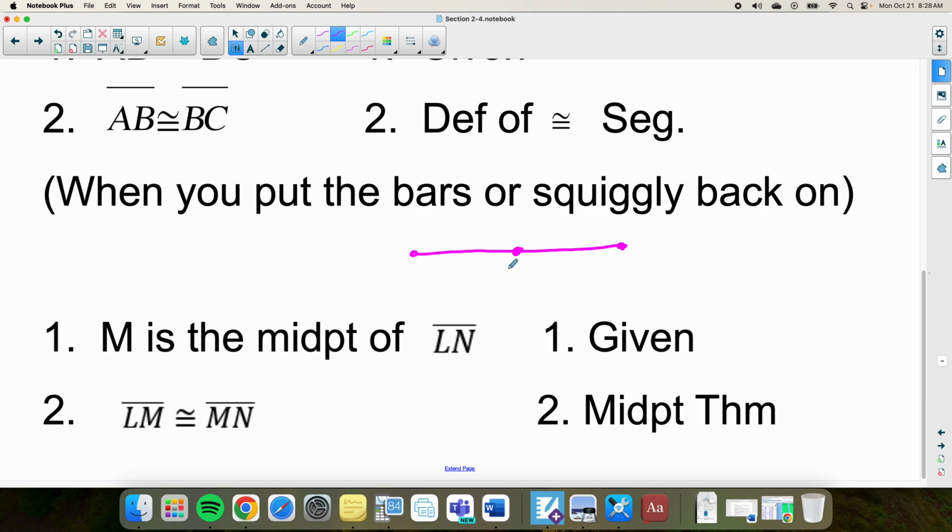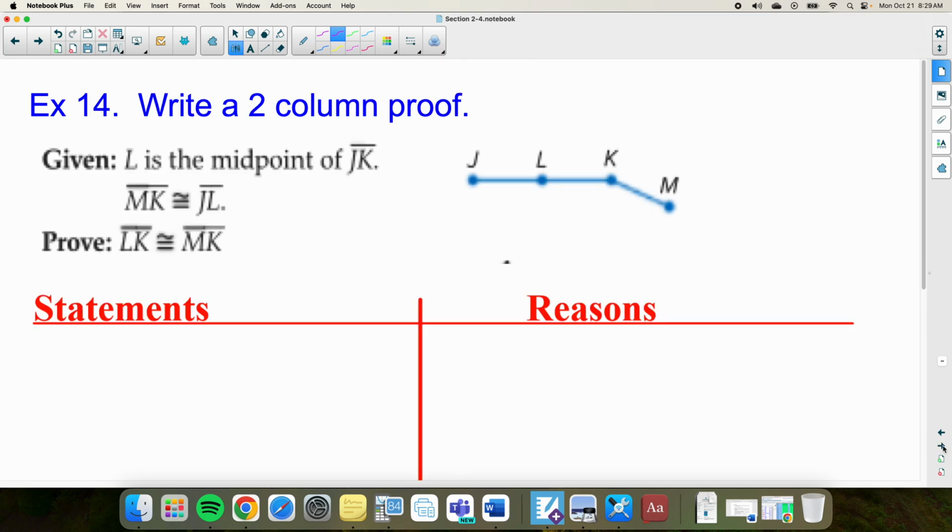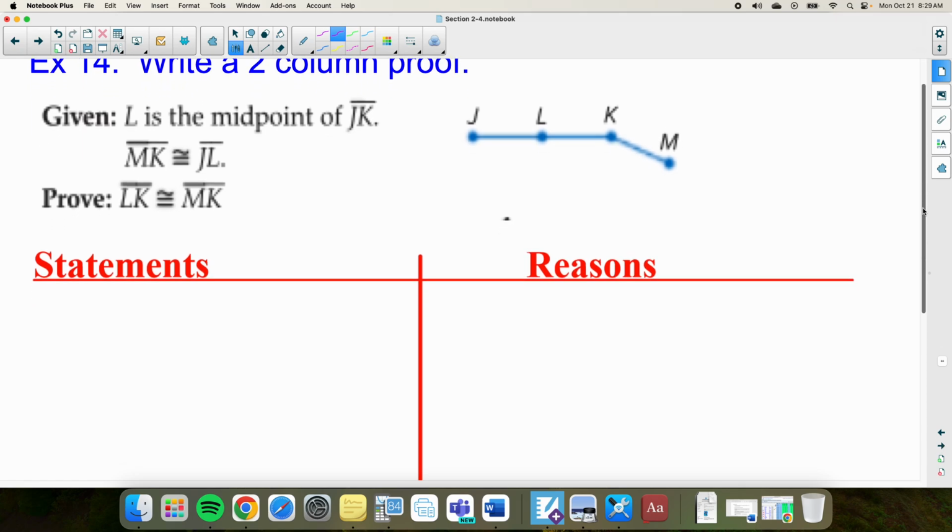It says M is the midpoint of LN. If they told us M is the midpoint, you would then say that these 2 pieces are congruent by the midpoint theorem. All right, so let's try one more like this.